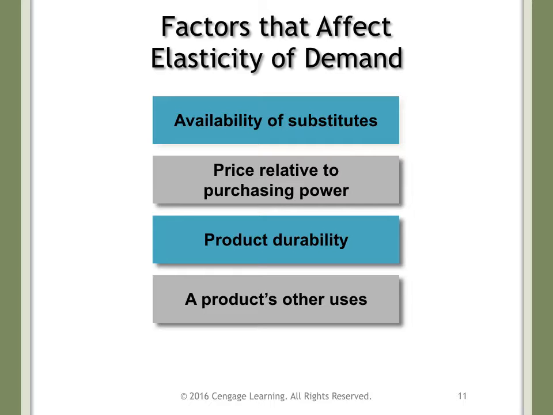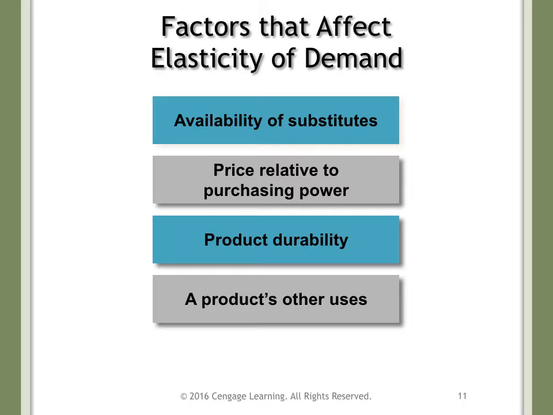Price relative to purchasing power means that if the price is so low that it's sort of an inconsequential part of an individual's overall budget, then demand is going to be inelastic. As far as product durability, repairing durable products rather than replacing them prolongs their useful life.